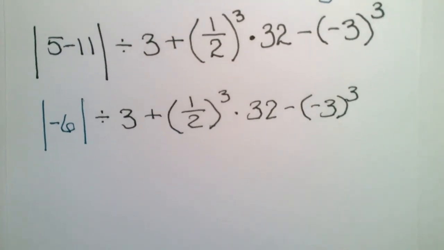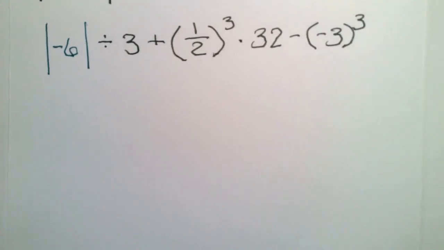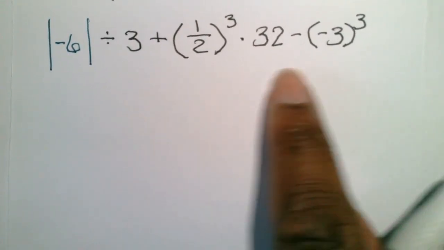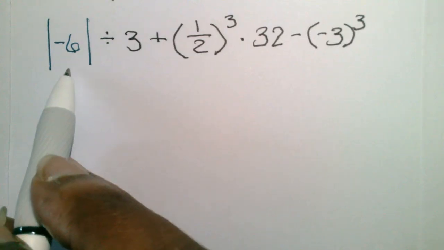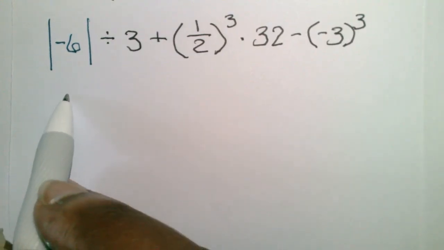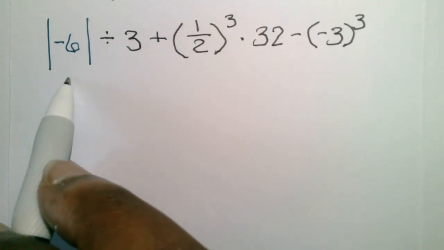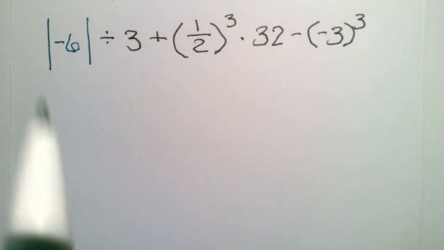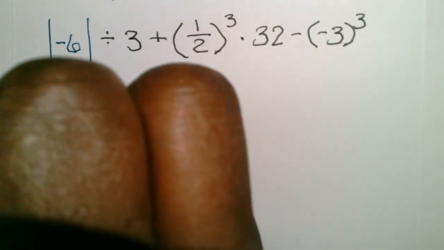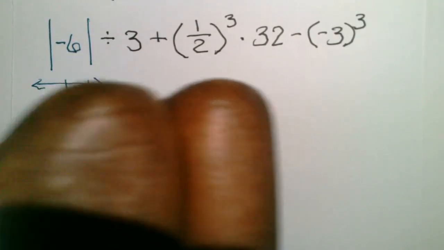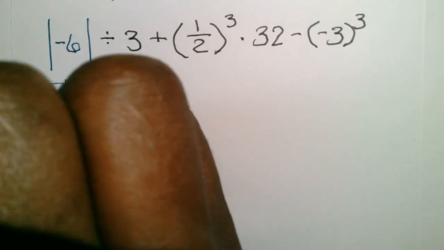Now, your absolute values, so let me raise it up so we can focus just on this. The absolute value of negative 6, absolute values are always going to turn positive because it's your distance away from 0. So let me do a real quick sketch. So this is 0, this is positive 6, this is negative 6.